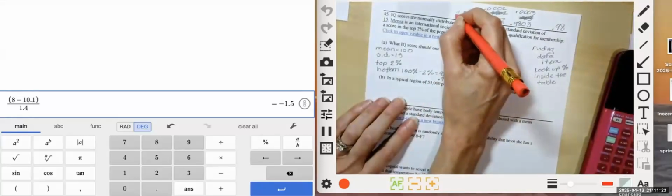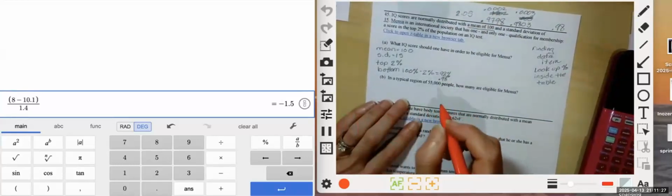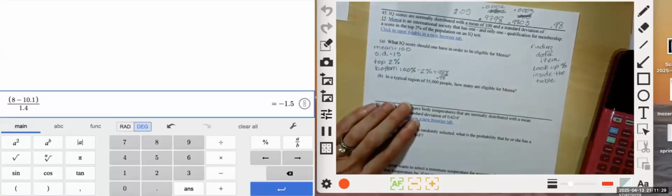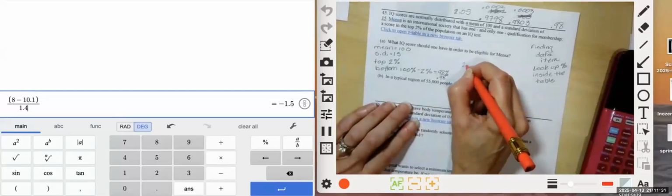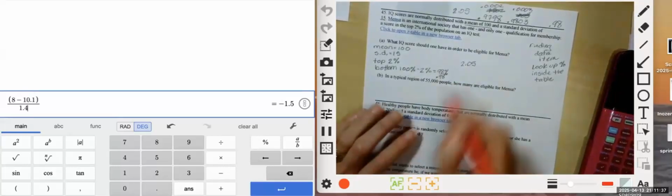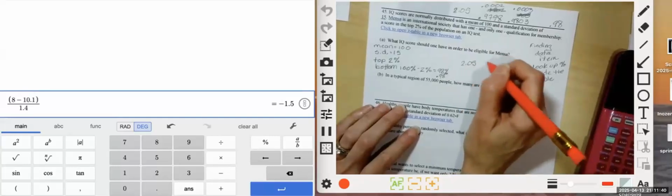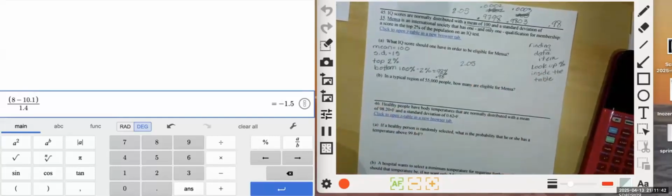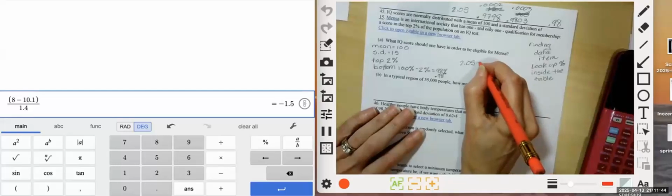So now what do I do with 2.05? You put it in the z-score formula and solve for x. 2.05. Is that on the top of the fraction or is that what it's going to equal? What it equals.